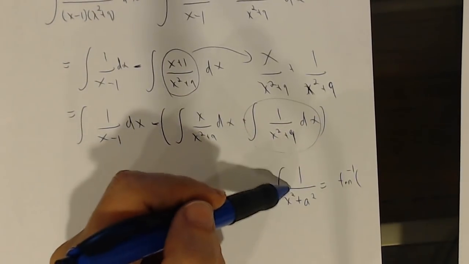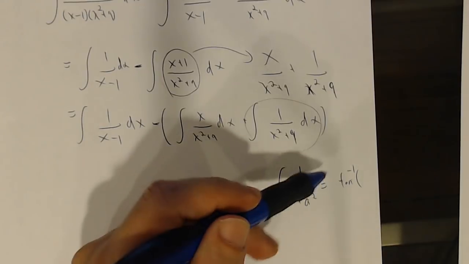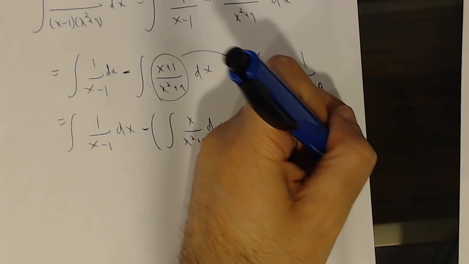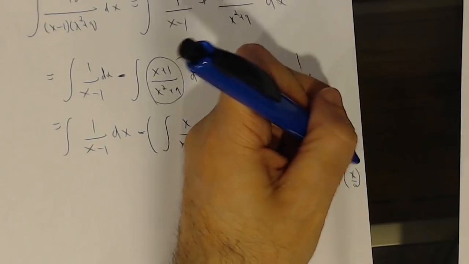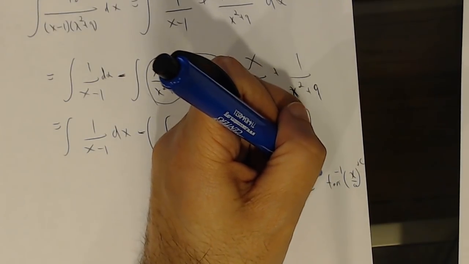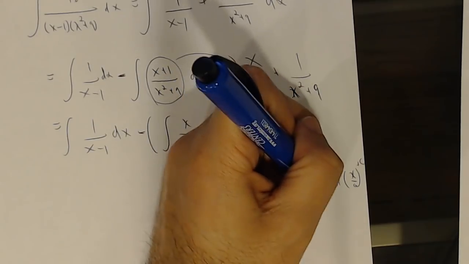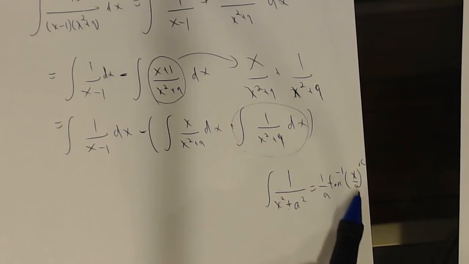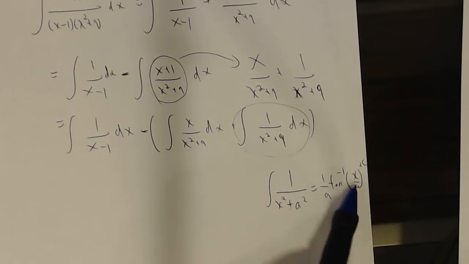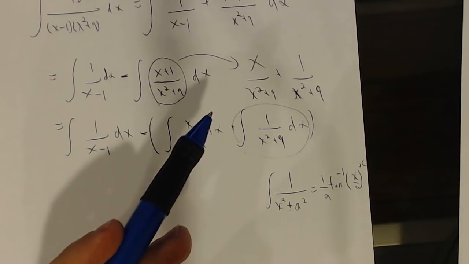We know that 1 over x squared plus 1 is tangent inverse of x, so this one would be tangent inverse of x over a plus c, times 1 over a. Now, where is this 1 over a coming from? Just keep in mind because of the chain rule here.